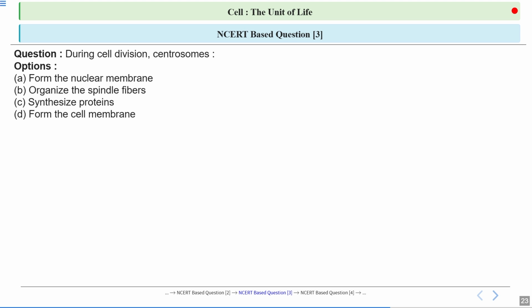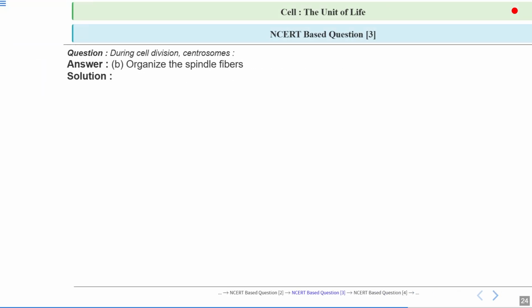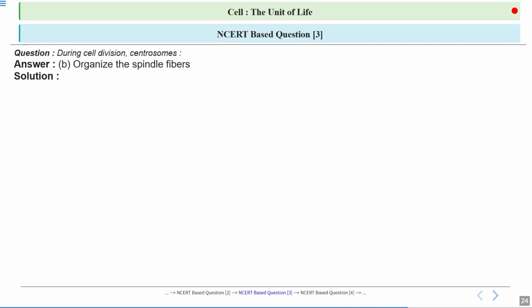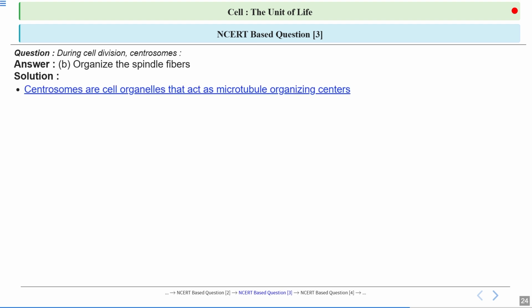Let's have a look at the answer. The answer will be option number B, organize the spindle fibers. Centrosomes are cell organelles that act as microtubule organizing centers. They're essential for mitosis and meiosis.